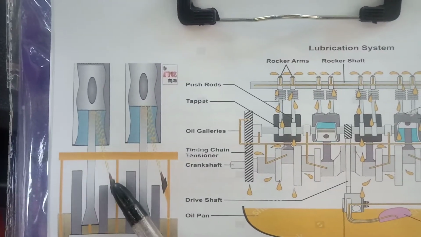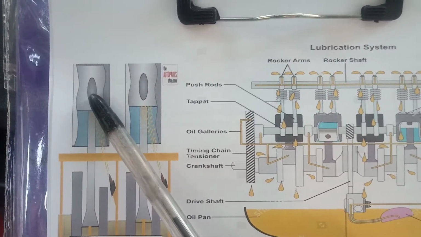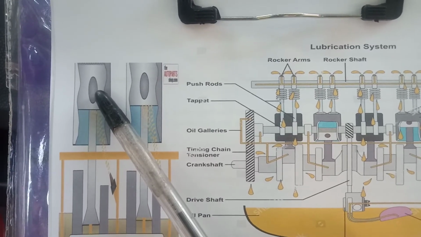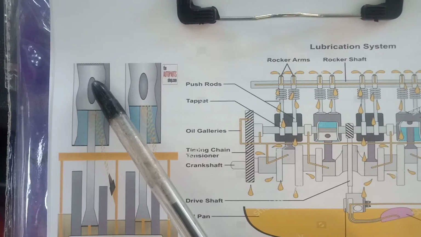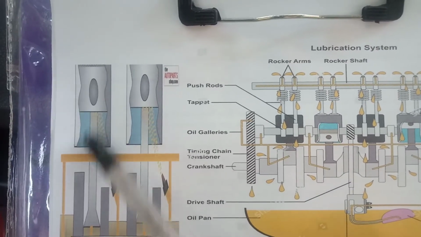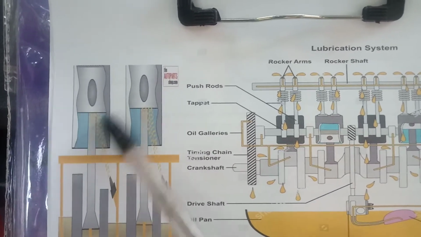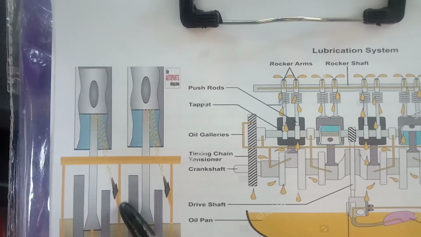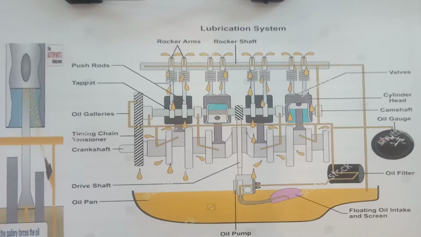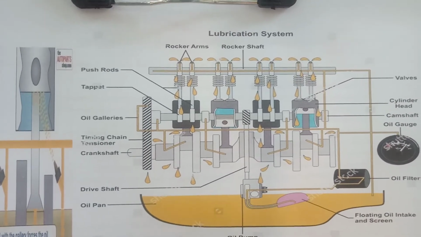When this oil is sprayed, it takes away the heat from the piston, and by absorbing the heat it settles down. This cools the top of the piston and the cylinder head. So this also helps in cooling the engine. This kind of engine is used in almost all 4-wheelers and 2-wheelers, motorcycles, etc.